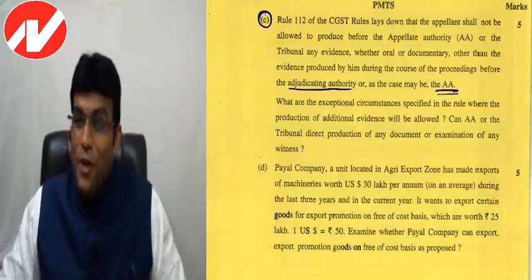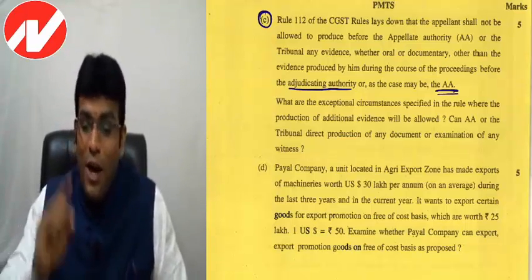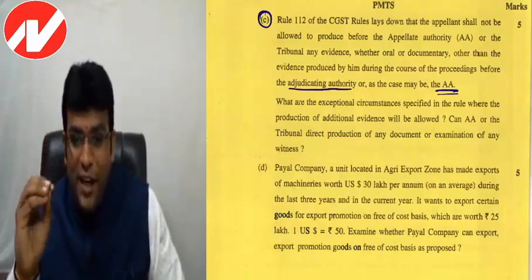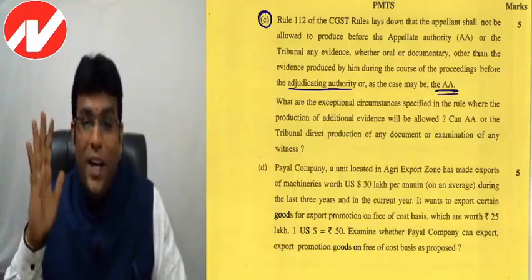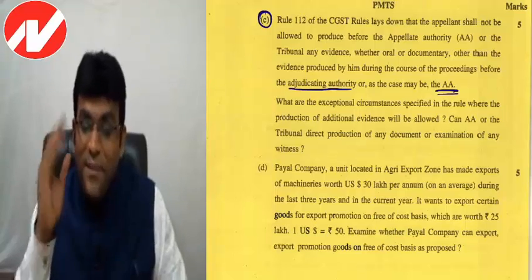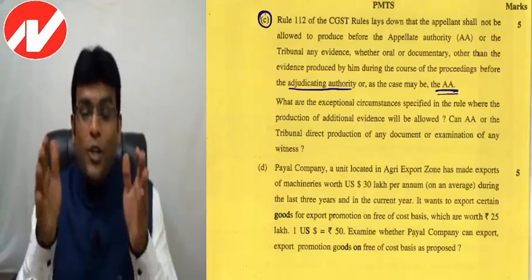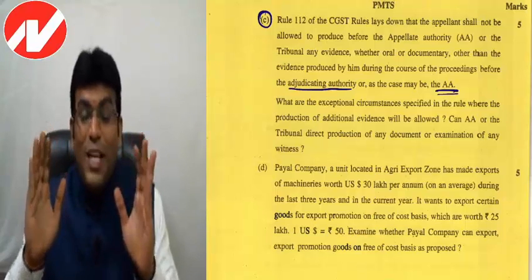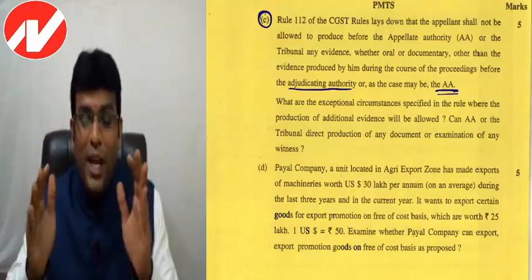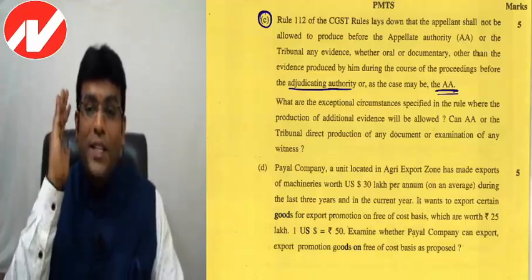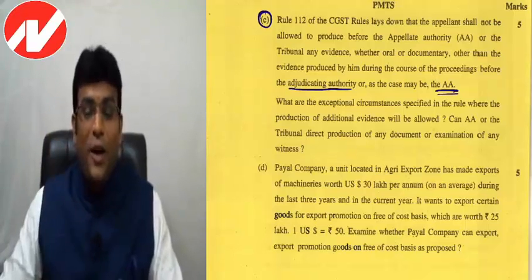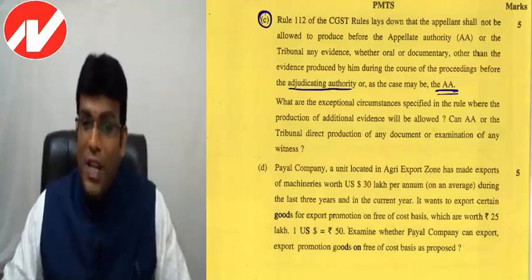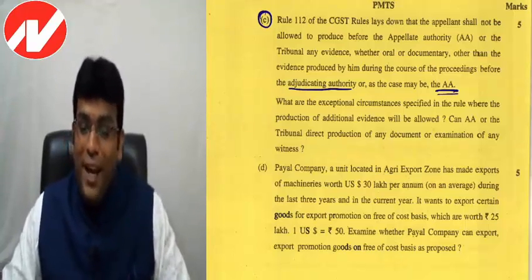So friends, what are the 3 points I told now? Number one, where the adjudicating authority or appellate authority has refused to accept the evidence. Number two, the appellate authority or adjudicating authority passed the order without giving proper opportunity of being heard.